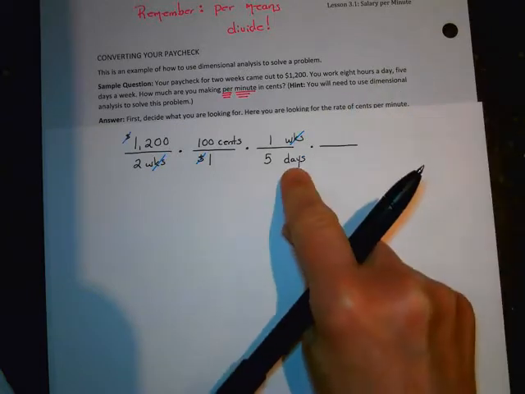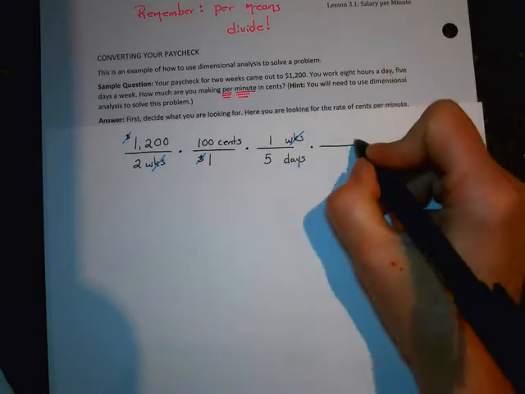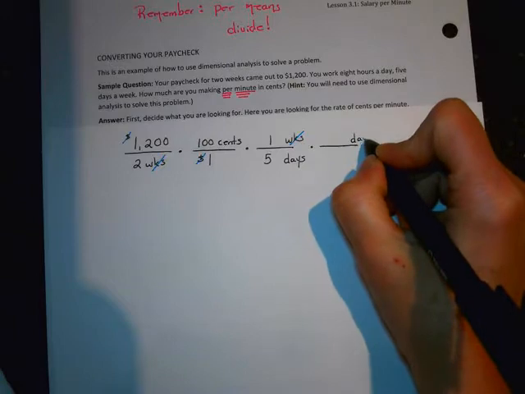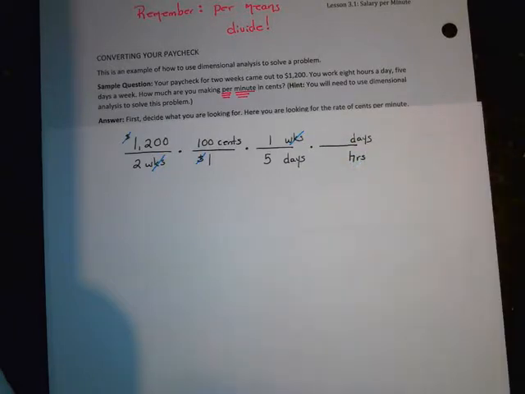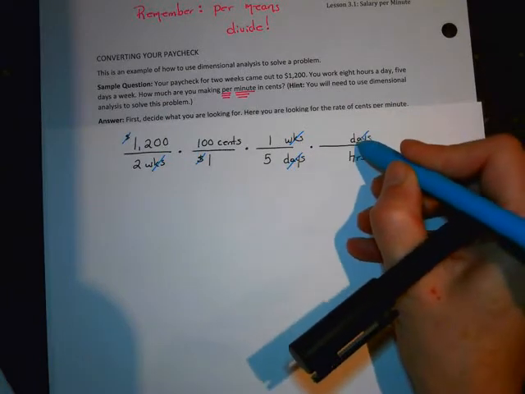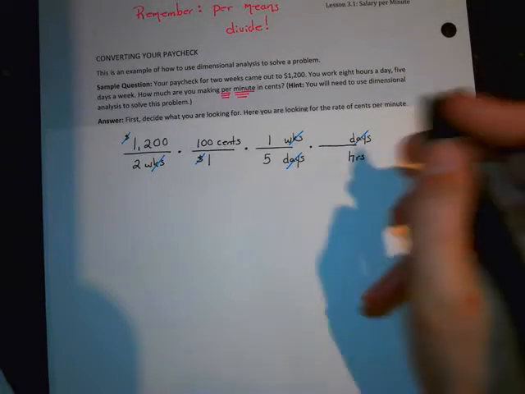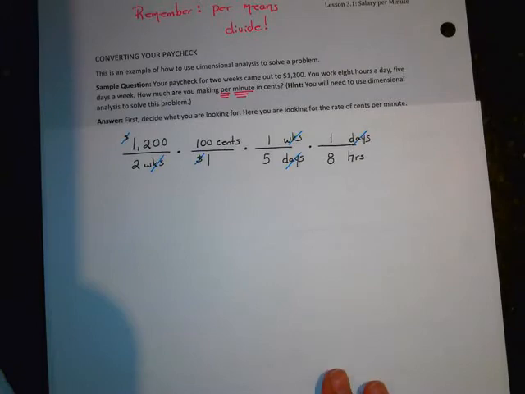I've got to work my way to get to minutes. So let's see, let's cancel. So days cancel. Okay, so in 1 day, it said you work 8 hours. All right, well now I know how to go from hours, right, to minutes, right?